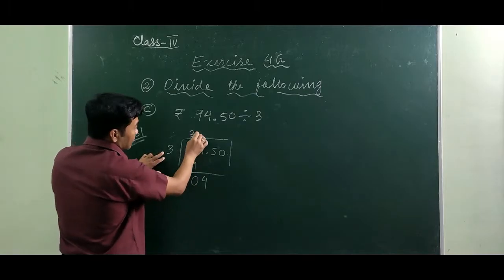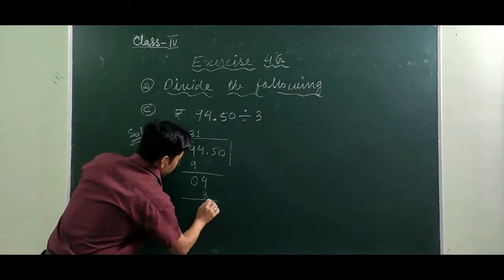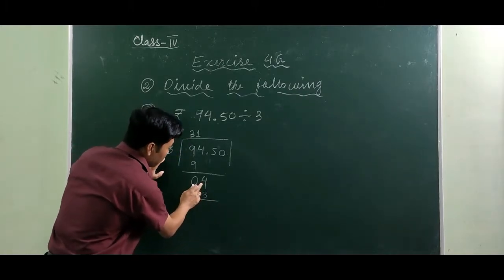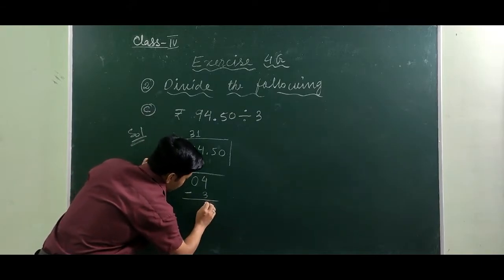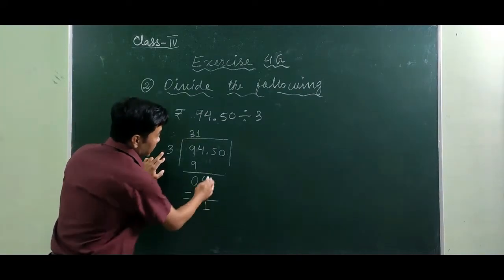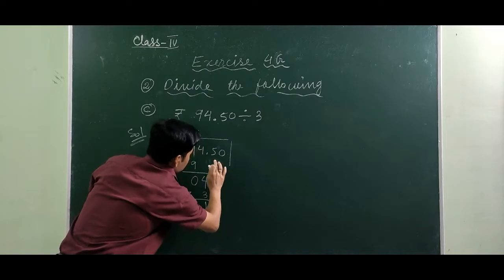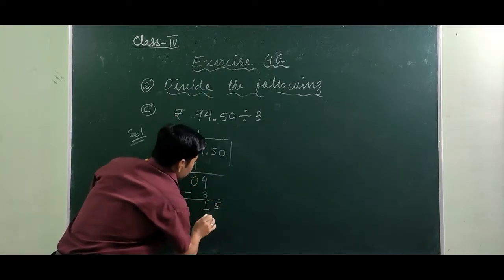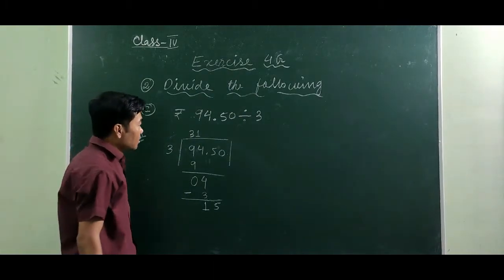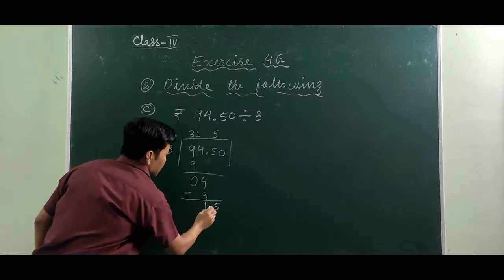Again 3 times 1, 3. Subtract 3 from 4. So 4 minus 3 is 1. Now bring down the next digit, 5. So 15. Now our next dividend is 15. So 3 times 5 is 15.